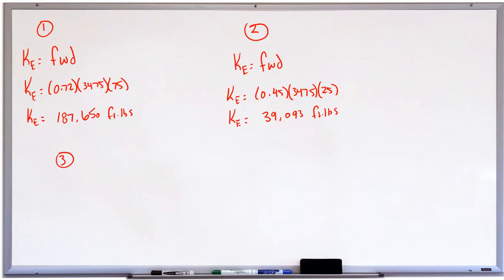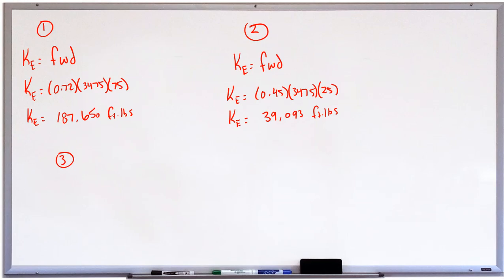I know that his speed when he went airborne was 40 miles an hour. So if I know the speed of the vehicle and the weight of the vehicle, I can figure out how much kinetic energy that vehicle possessed at the point that he went airborne at those 40 miles an hour. So I don't need the drag factor and the distance. I just need to know the speed and the weight of the vehicle. I've got the weight and I've got the speed.